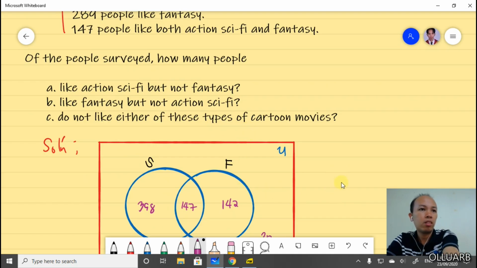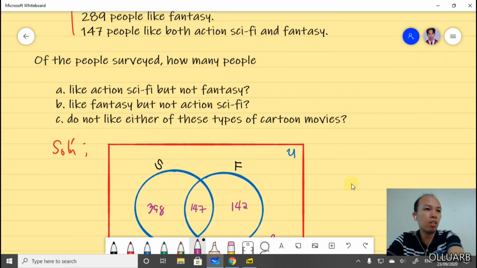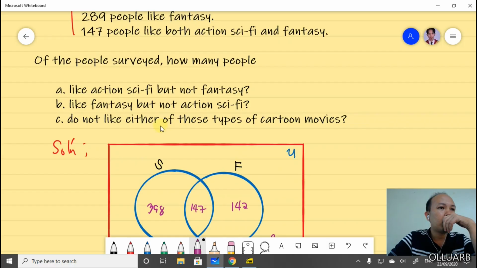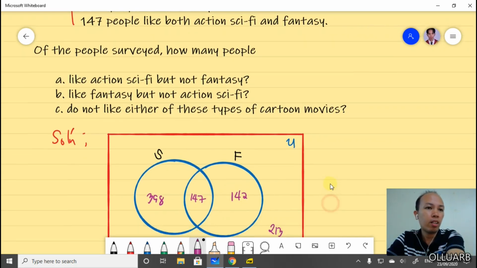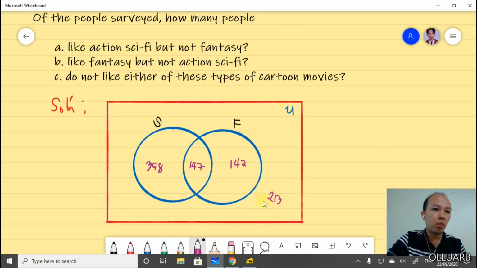Oh, I guess I was wrong. The 147 are those who like both, action and fantasy. Okay, so sorry, these 213 do not like any of these two cartoons, anime.